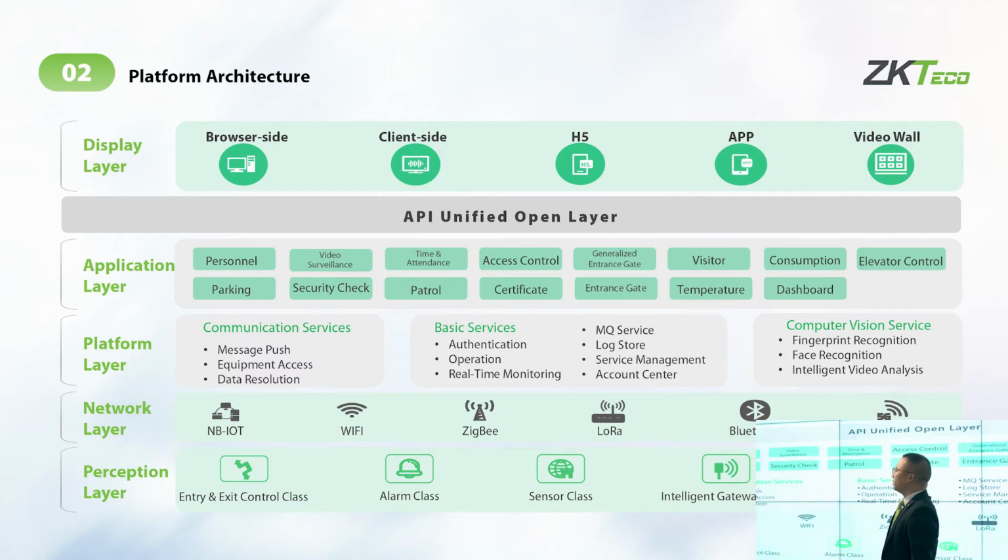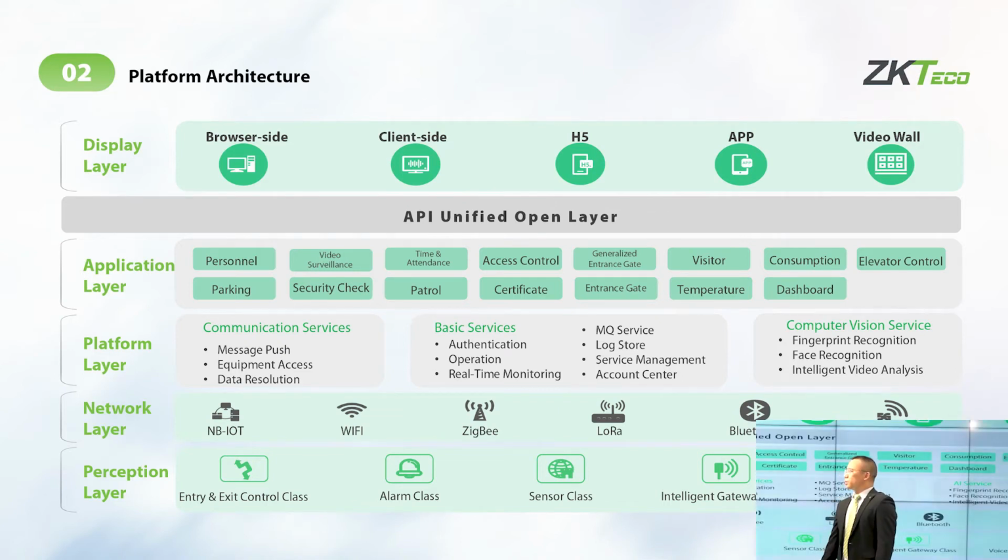This time in the new platform, ZKBio CVSecurity, we add the AI service and MQ service in the platform, and in the application layer, we add video surveillance and intelligent analysis. All this advanced technology is inside.